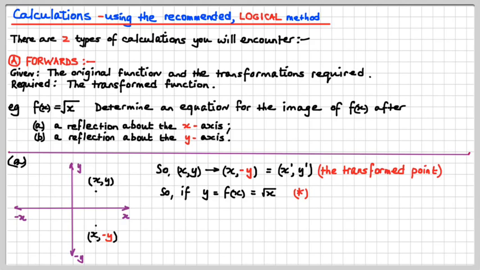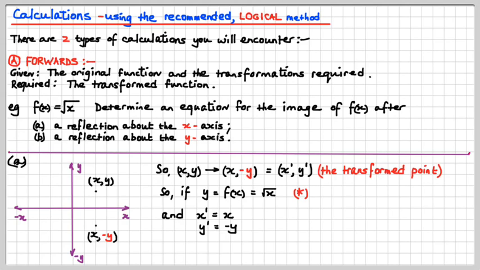And this is the first equation that we started off with. I say y equals f(x), which is root x, and I call that equation star because it is the star of the show, along with the key to everything, which I'm going to produce now. That's the key to everything. Now I'm saying that x' is equal to x and y' is equal to -y, because that is the same as that, right?